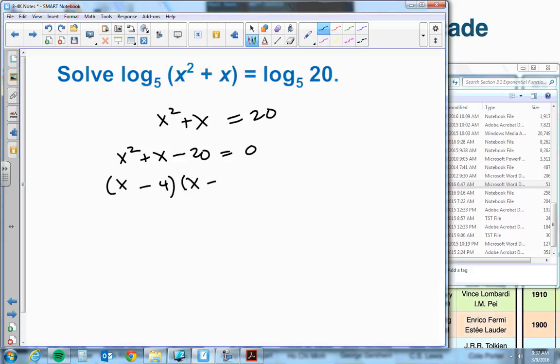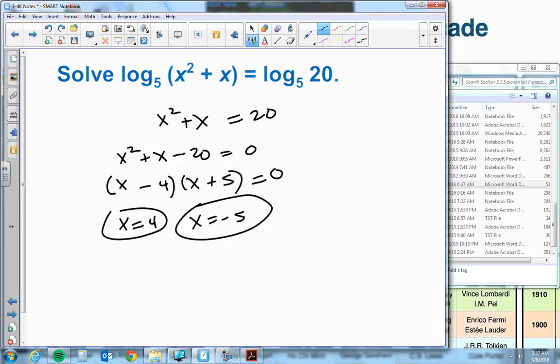Perfectly 1 and 20 in theory as well, but which one should be positive? The 5. And so what you get is x equals 4 is one solution, x equals negative 5. Of course the 4 works. Does the negative 5 work? Yeah, actually. Negative 5 squared is 25. Minus 5 is 20, so it's fine too. Okay?